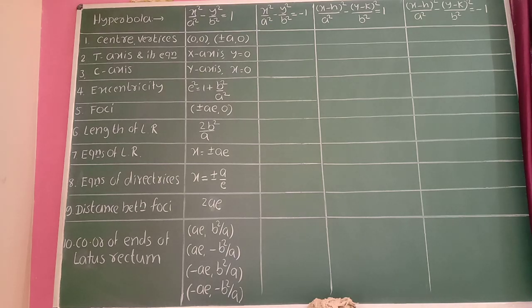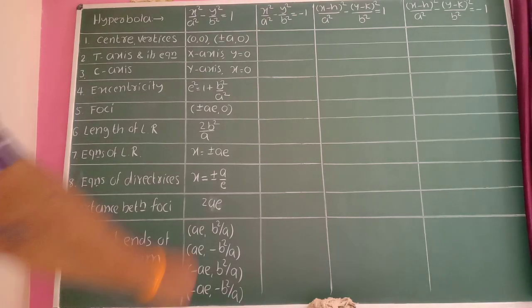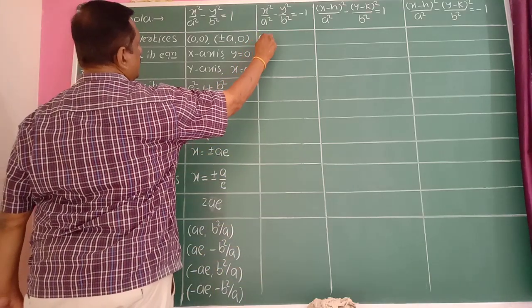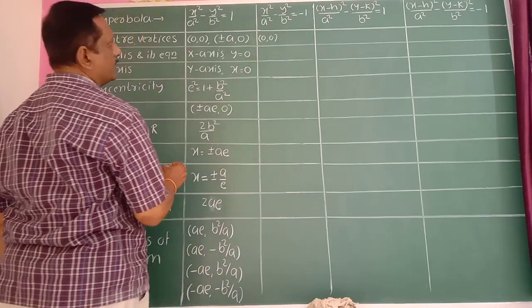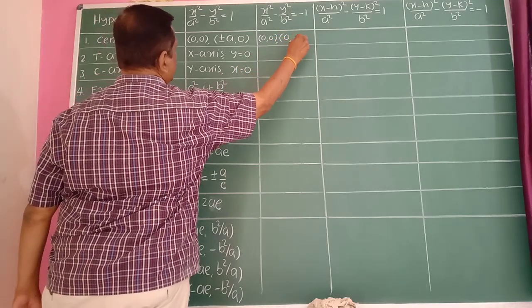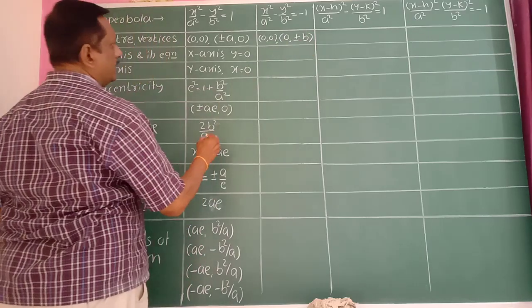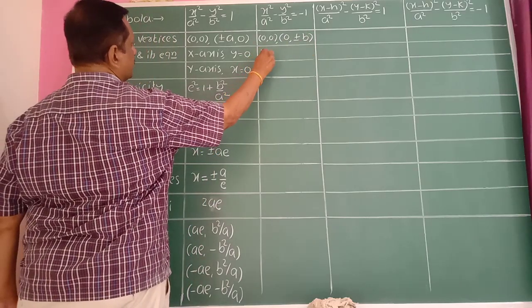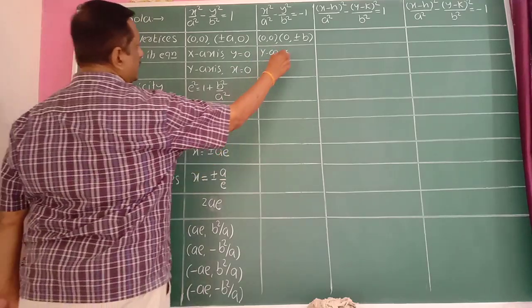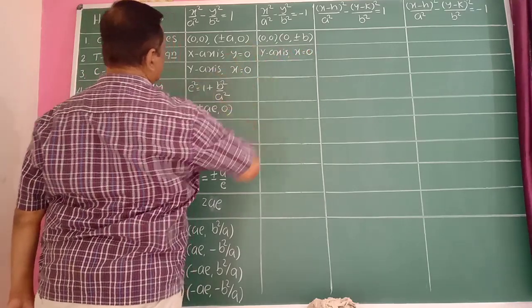Second one is about the conjugate hyperbola. So the center is the origin, 0 0. Then the vertices are 0 comma plus or minus b. Then the y axis becomes the transverse axis here. Its equation is x equal to 0.